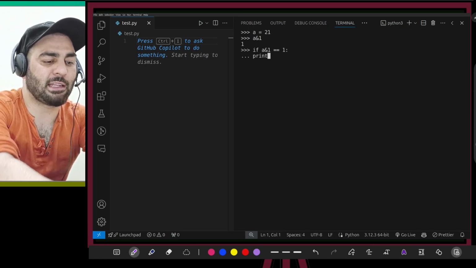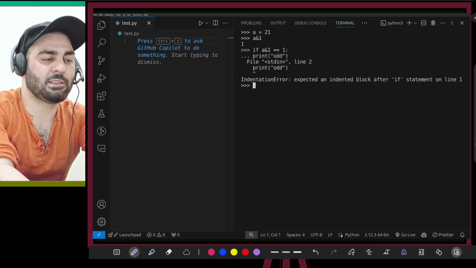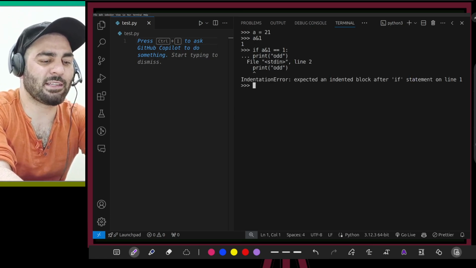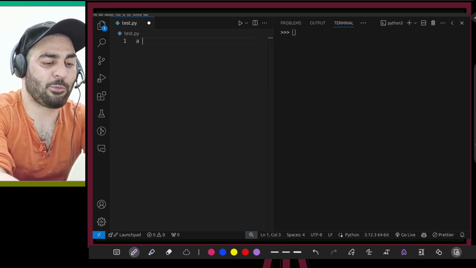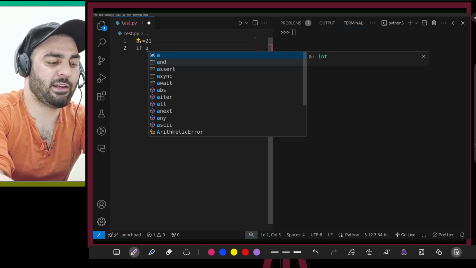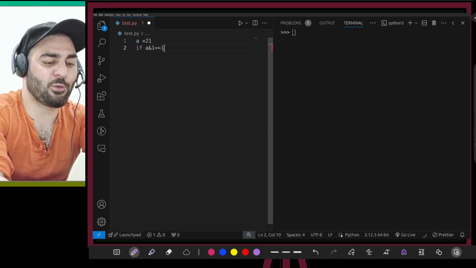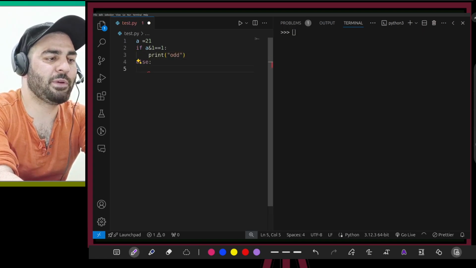It's throwing me an error because I need to get the indentation right. So a is equal to 21: if a ampersand 1 is equal to 1, print odd, else print even.